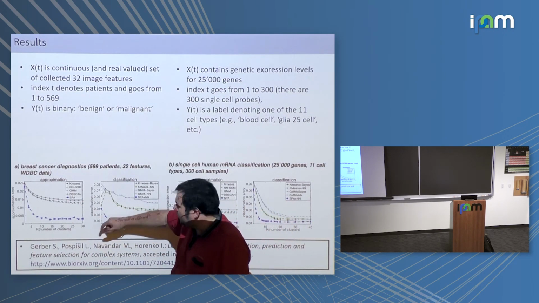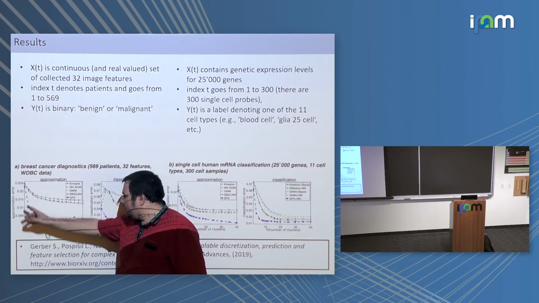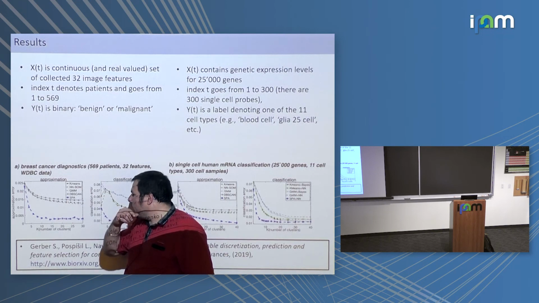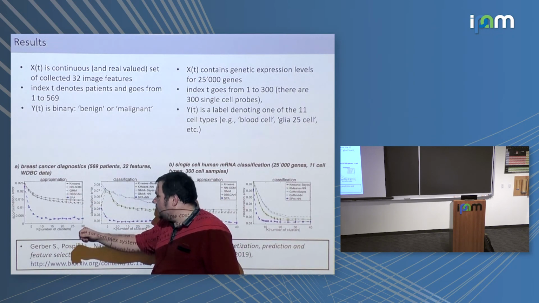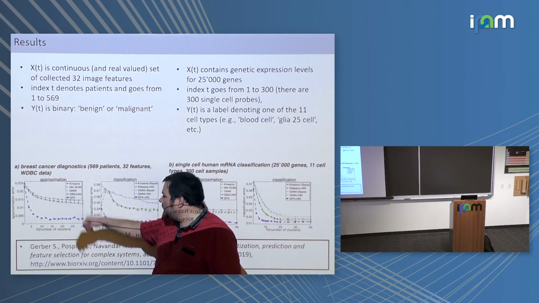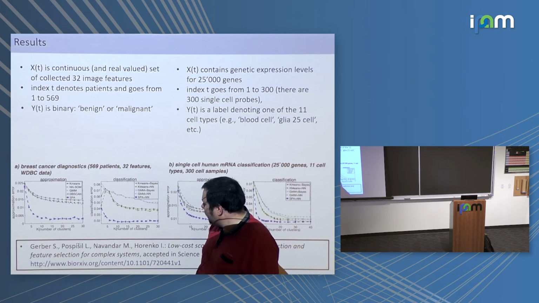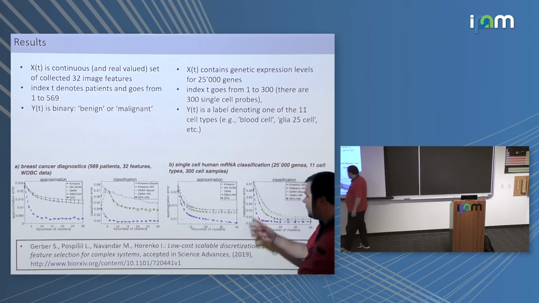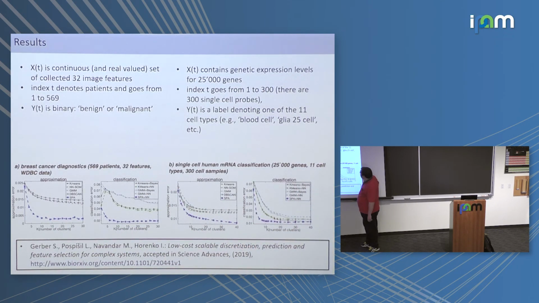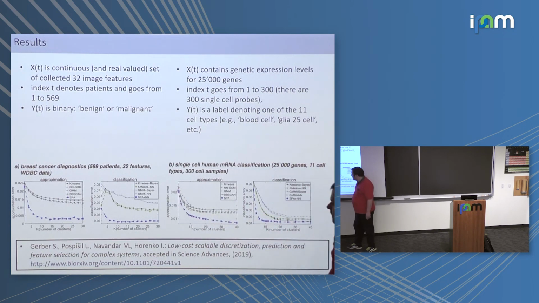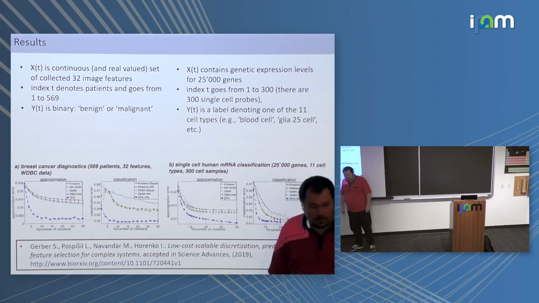Here you can see that in this case, SPA has a much better approximation error than all other algorithms which we tried, including k-means or self-organizing maps and so on, and also a better classification error. This is another example. Here we can see that also in this example, the approximation error is much lower, and the classification error is much better.